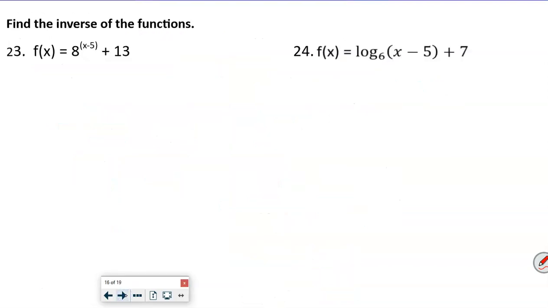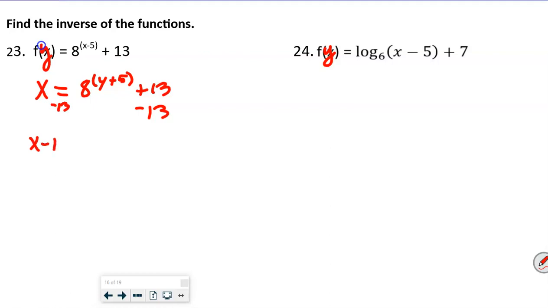All right, these talk about inverses. So remember when we do inverses, we're going to change these f of x's to y's first. So that is now x equals 8 to the y plus 5 power plus 13. So we're going to subtract 13 from both sides first. So that's going to be x minus 13 is equal to 8 to the y plus 5 power.